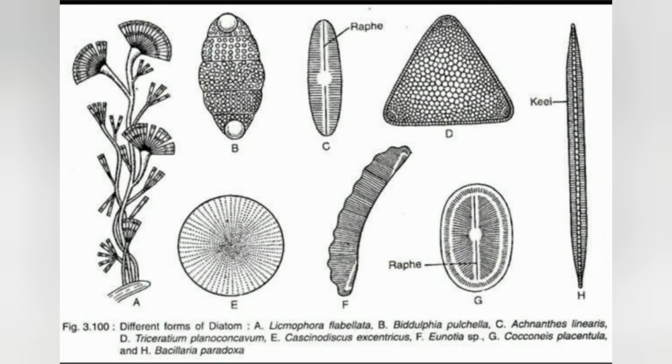So these are branched. But all the unicellular diatoms, although they are arranged in filaments or branches, are independent of each other, so they reproduce independently.